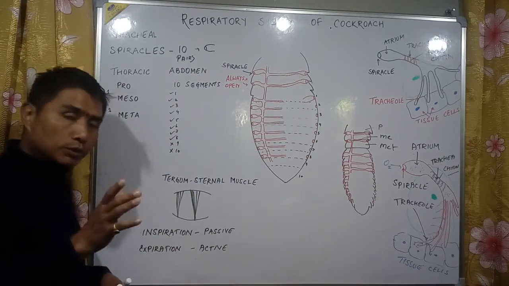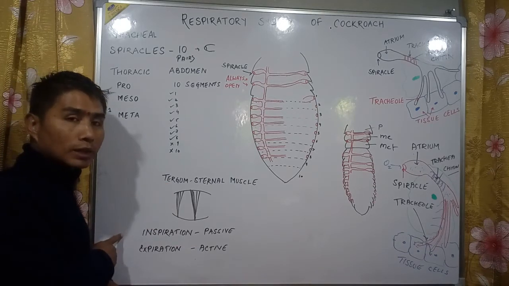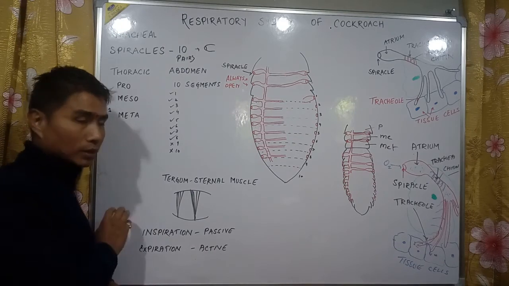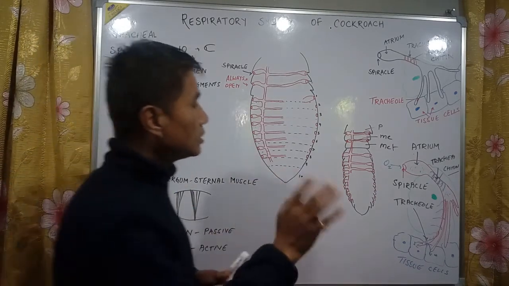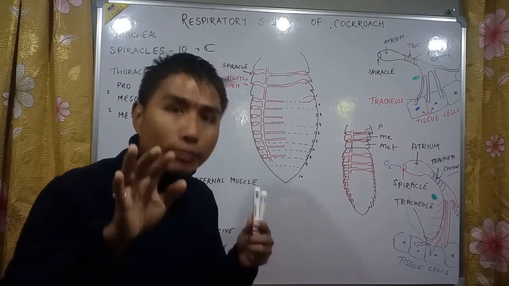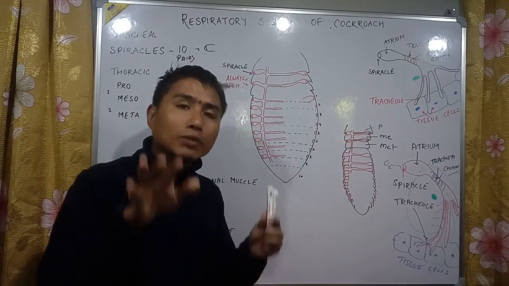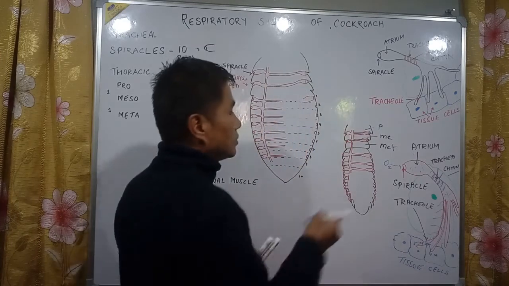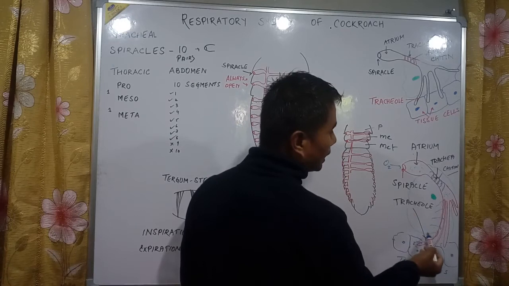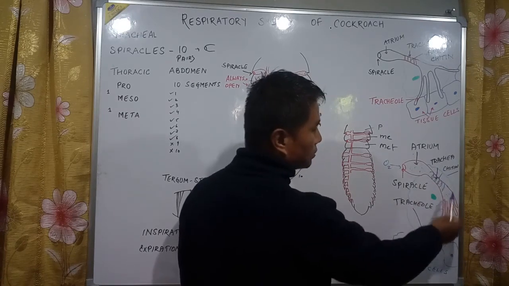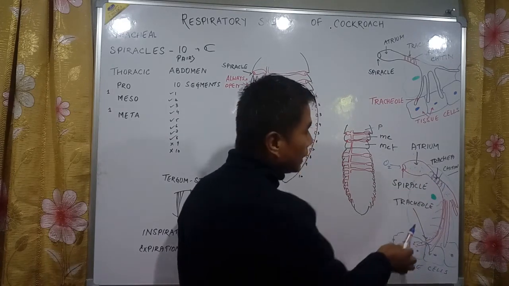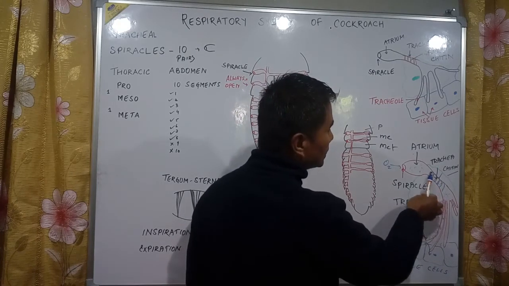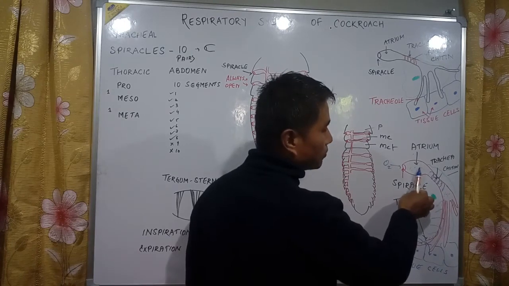But if you see the in and out movement of the air, then the expiration actually is active and the inspiration is passive. How is that? Because when the cockroach is at rest, this cell, which is large in size and is present just below this trachea, produces fluid, and that fluid fills these tracheoles and this trachea, and comes in the atrium.